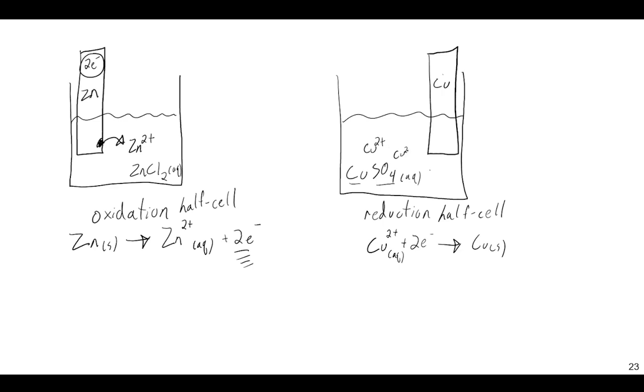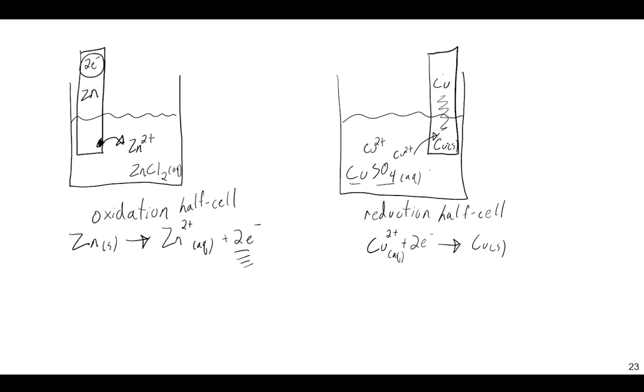So there's a bunch of Cu2 pluses in the solution. They now see this copper rod and say, ha, it is favorable for me to just plate onto this rod as solid copper and neutralize a couple of the electrons in the sea of electrons here on this metal rod.